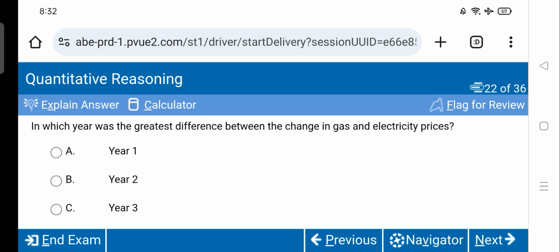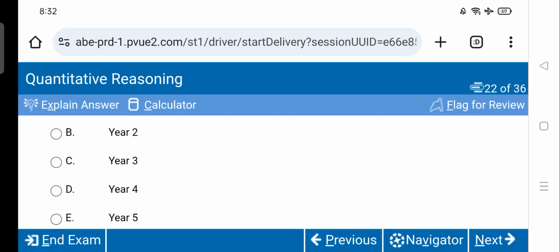Option A, year 1, option B, year 2, option C, year 3, option D, year 4, option E, year 5.